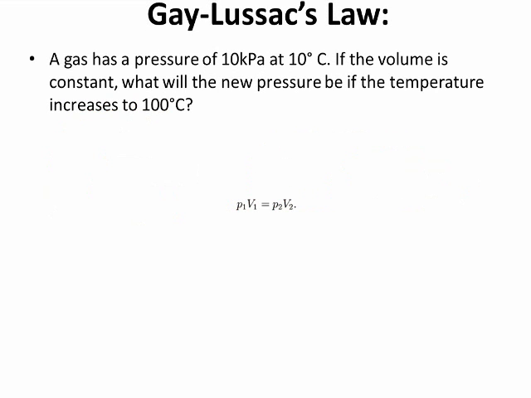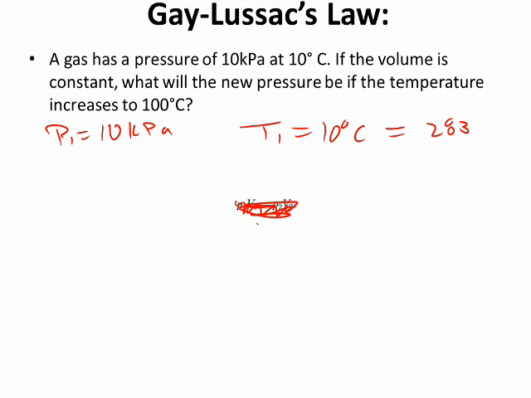Let's try a problem here. A gas has a pressure of 10 kilopascals, so pressure 1 is 10 kPa. Temperature 1 is 10 degrees Celsius, that equals 283 Kelvin.